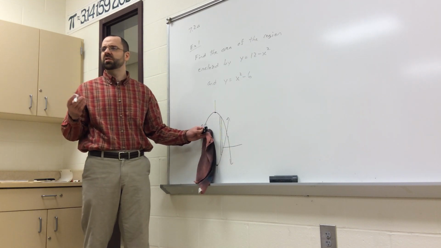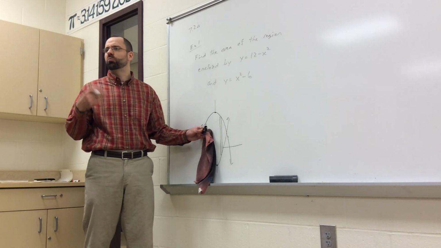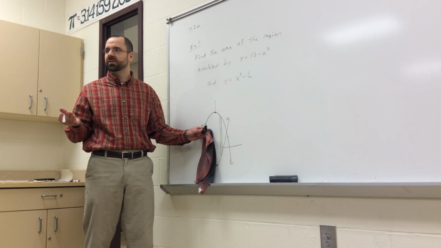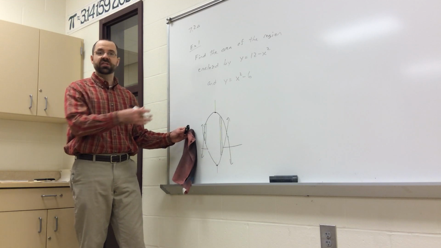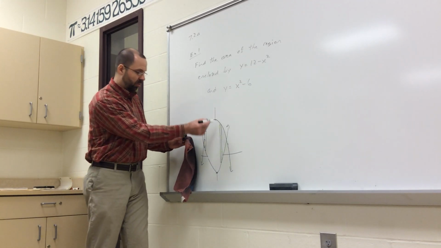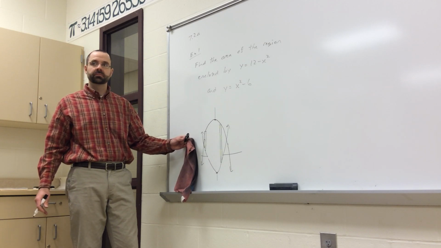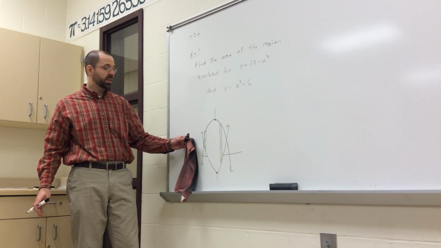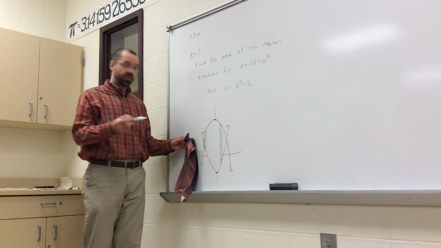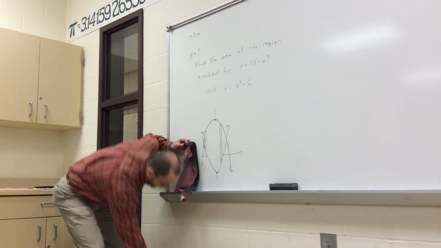So what the directions in the book say, they say draw the representative rectangle. So they're just saying don't draw all the rectangles, just draw one rectangle that represents all of the rectangles. Okay, so I need to find the area of this rectangle.